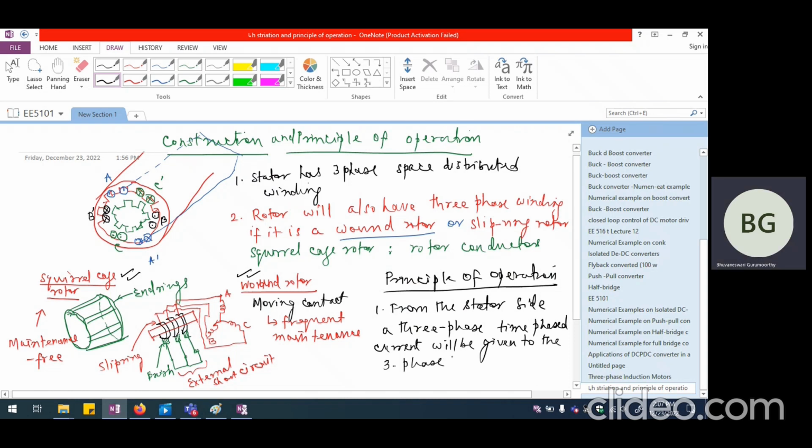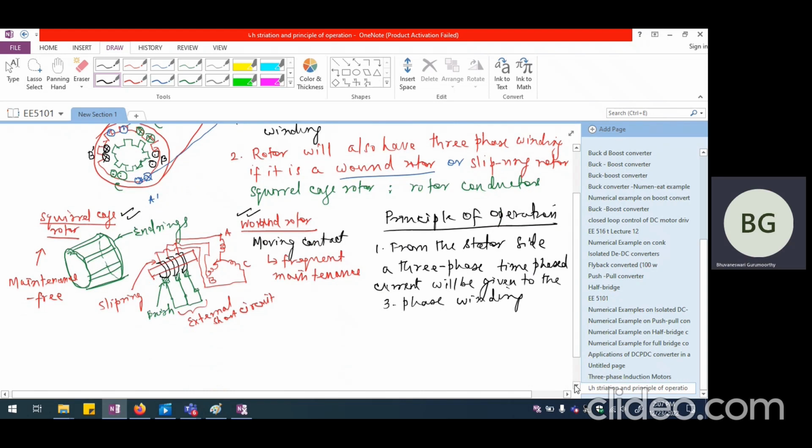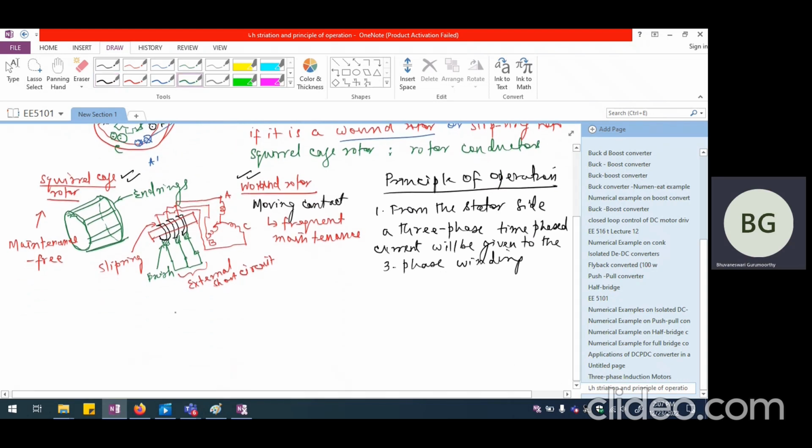So the stator has three-phase space distributed winding, and to them we are going to give three-phase time distributed current.